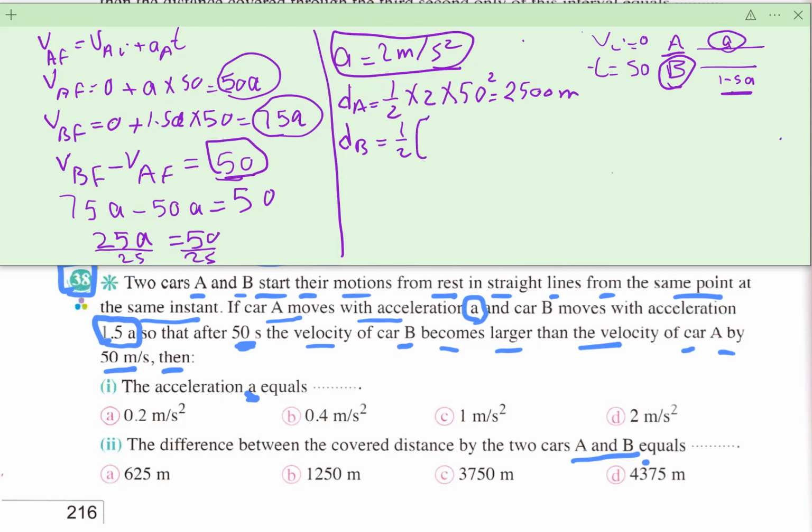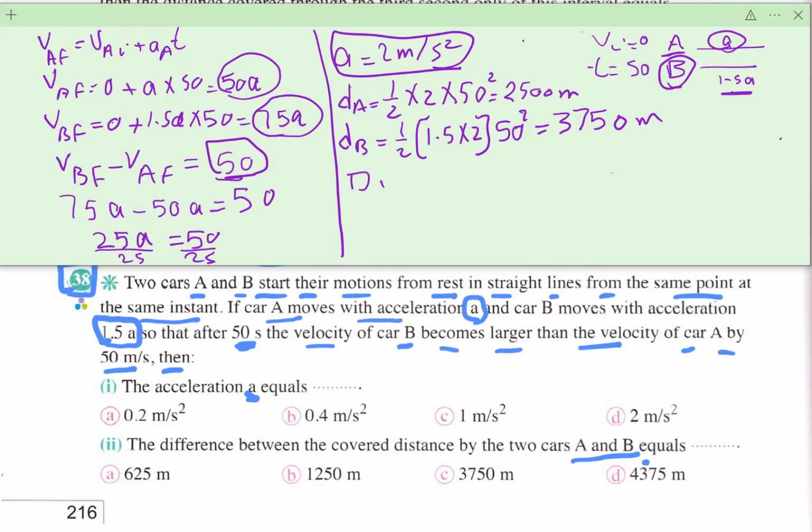So 1.5 times the acceleration 2 times T square, 50 square. 2 times 1.5 is 3, divided by 2, 1.5 times 50 square equals 3,750 meters.